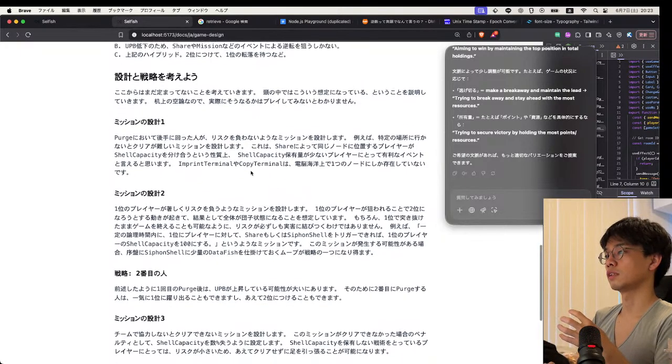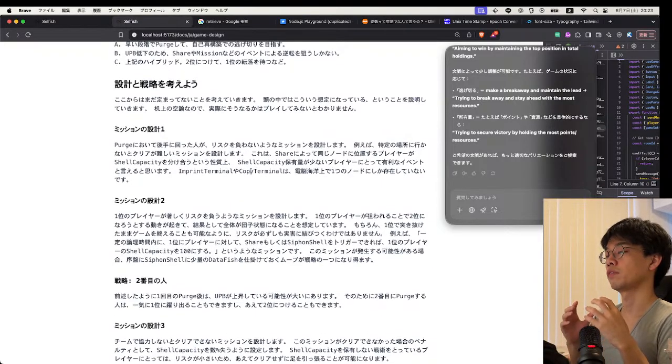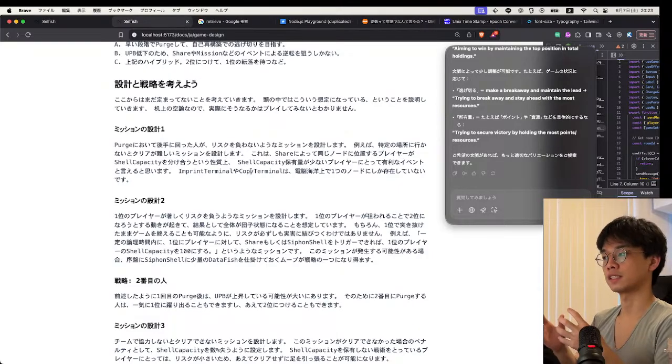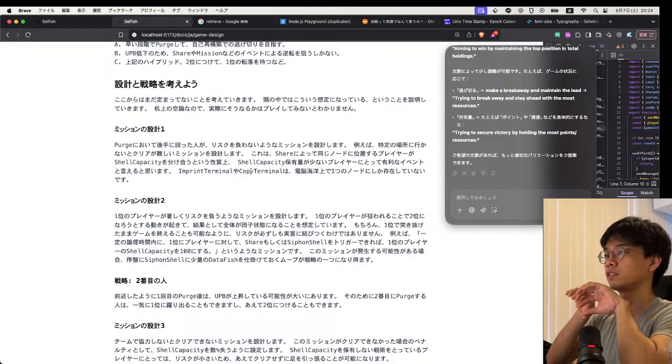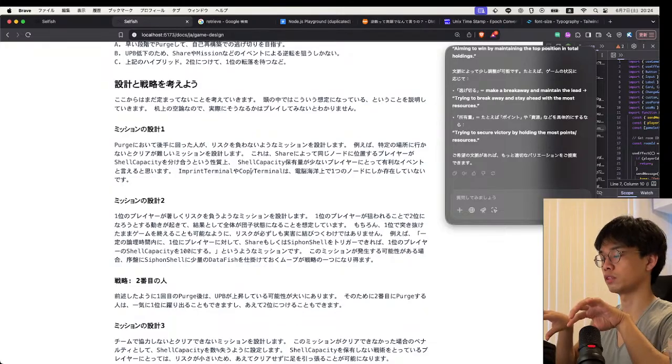So this means the player who has less share capacity doesn't have a risk, because if the share happens, the amount of share capacity is divided by 2.